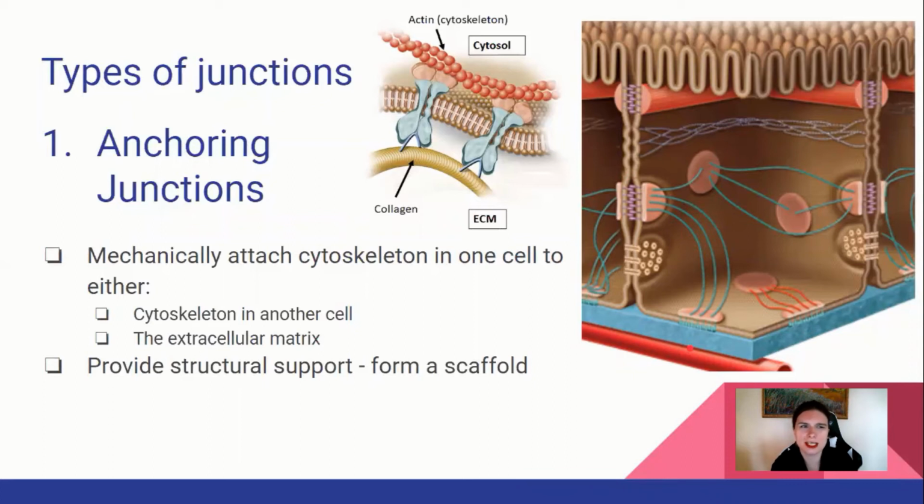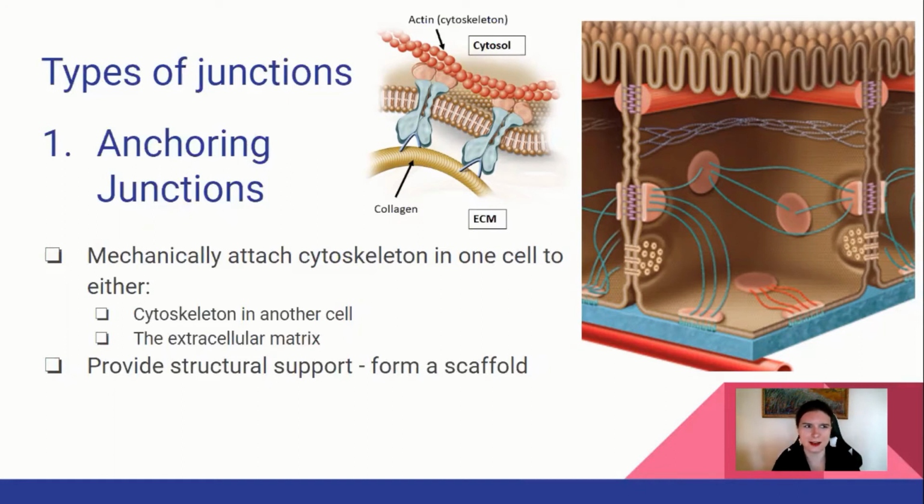So conceptually, we can think of the extracellular matrix as being like the cytoskeleton, but outside the cells. So it's made of strands of proteins. The cytoskeleton is made of strands of proteins. They both help give shape and strength.